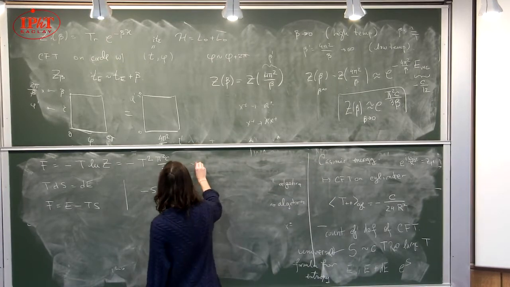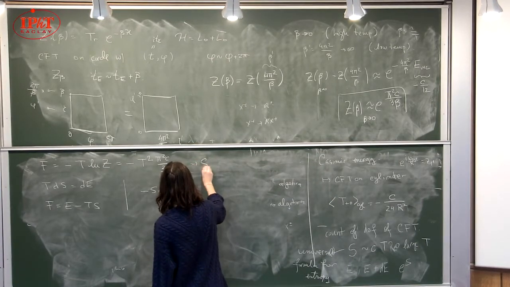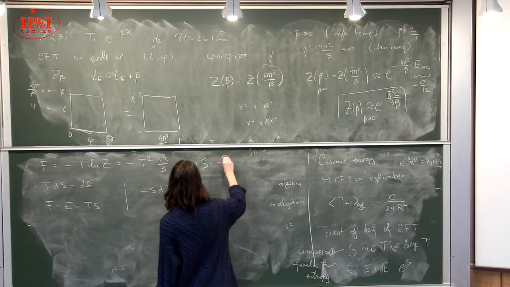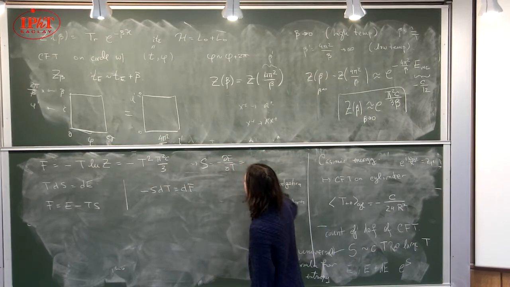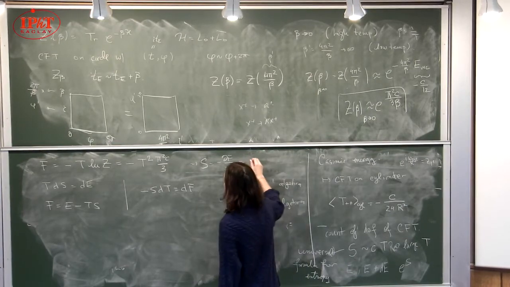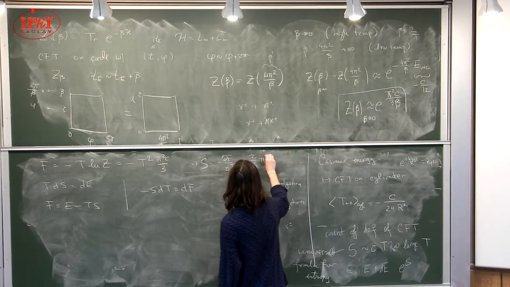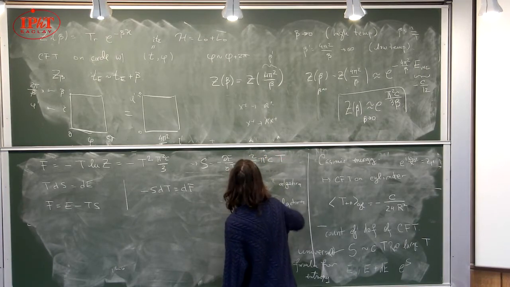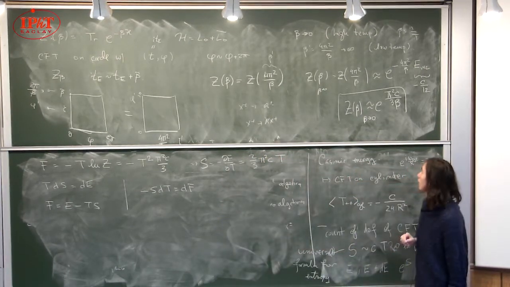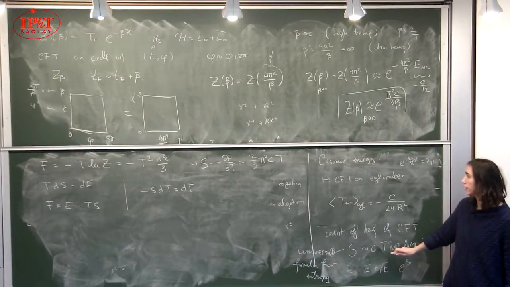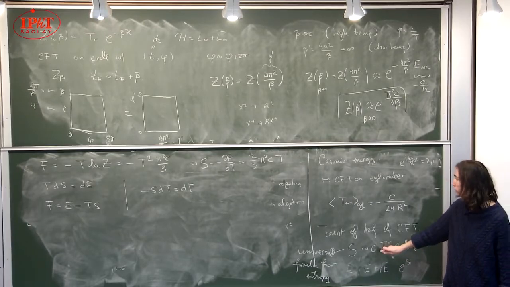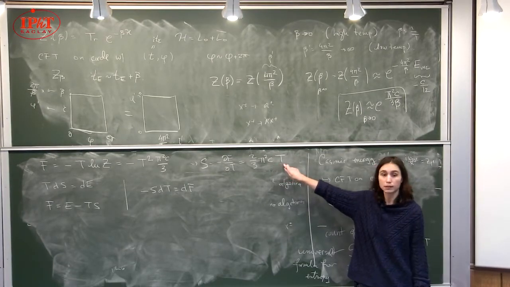So this implies that the entropy is minus dF by dT, which is 2/3 pi squared c T. Okay, so this has already shown the thing that I was claiming, that the entropy is proportional to the central charge times the temperature at high temperatures.